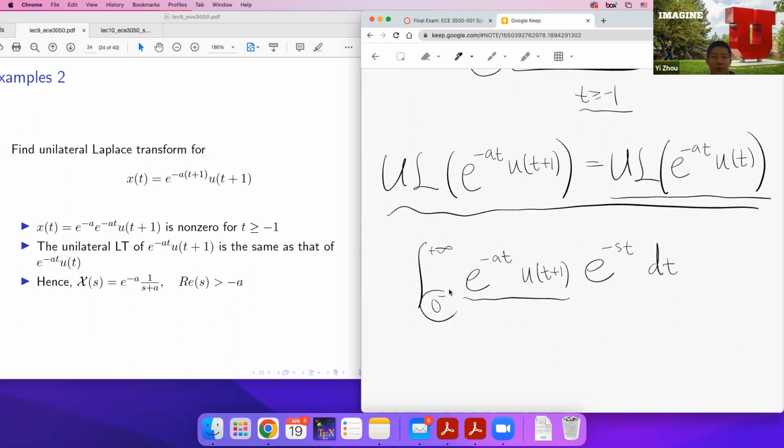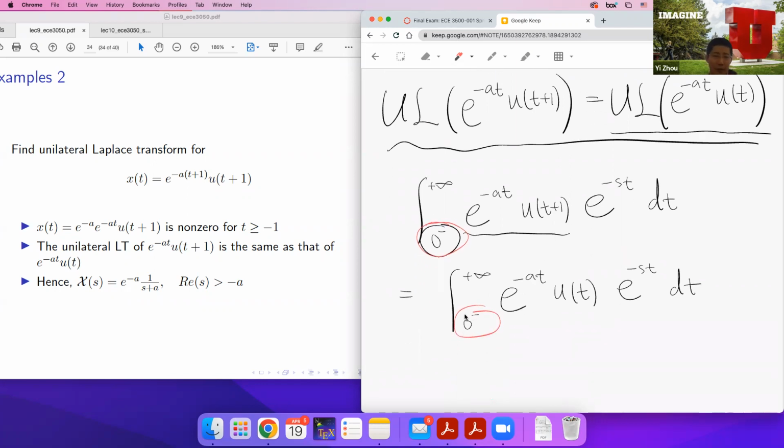Now, because it starts from 0, but here we have u(t+1), these two have a conflict. So in the end, we just need to consider, now u(t+1) means that the signal starts from -1. However, the integration starts from 0. So in the end, we just need to consider the signal starting from 0. Because there's a constraint on the lower limit of this integration, we can always restrict this to be u(t).